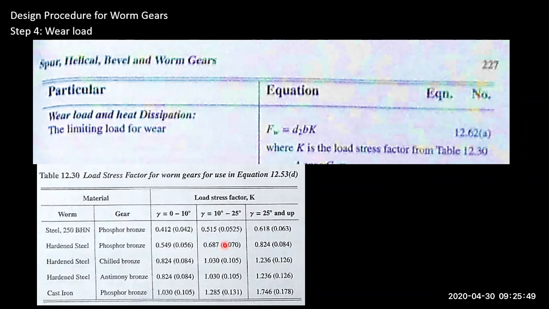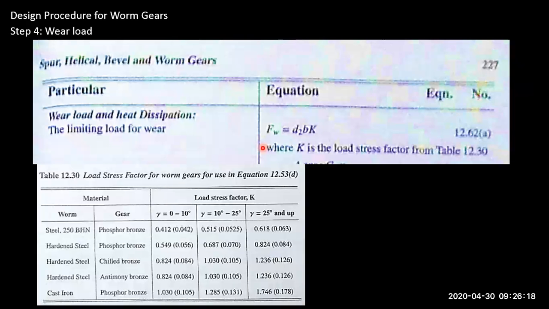You just need to take that particular value. The ones in the brackets are the second preference, so the outside ones we take as the value of K. Thereby we find the wear load acting on that particular arrangement.